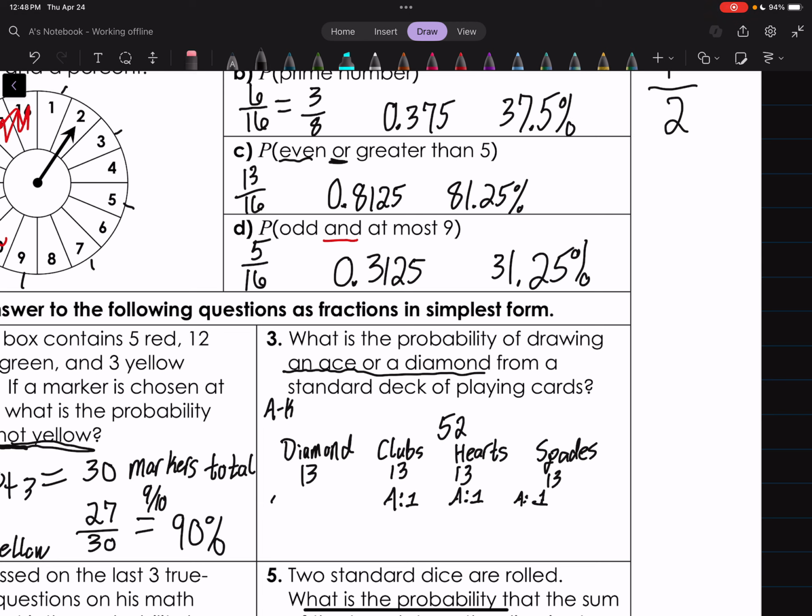For a diamond, I'm using ace to king for all 13 cards. 13 plus 1 plus 1 plus 1. So 16 out of my 52 cards will give me either an ace or a diamond. This is 4 over 13 simplified.